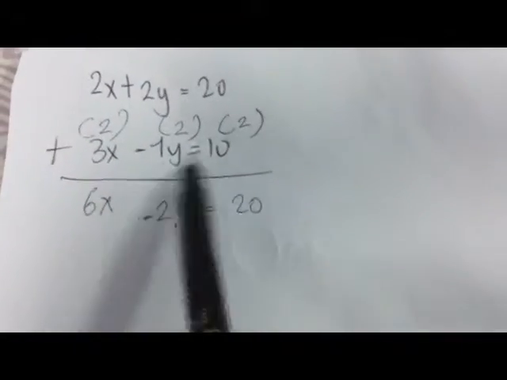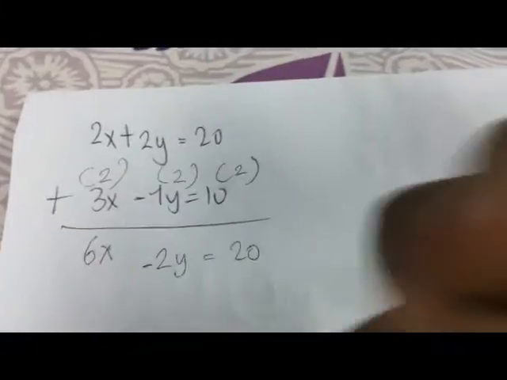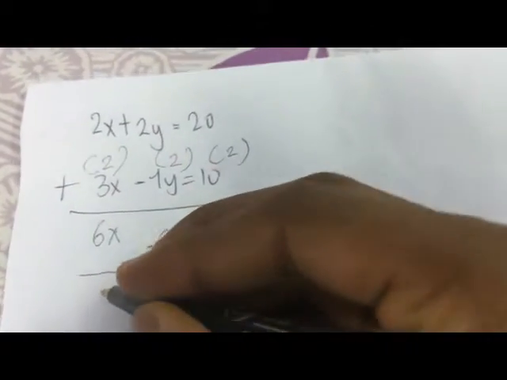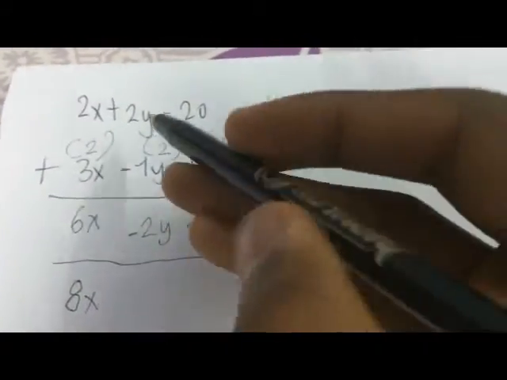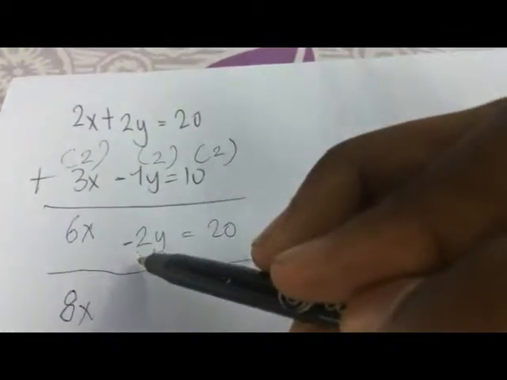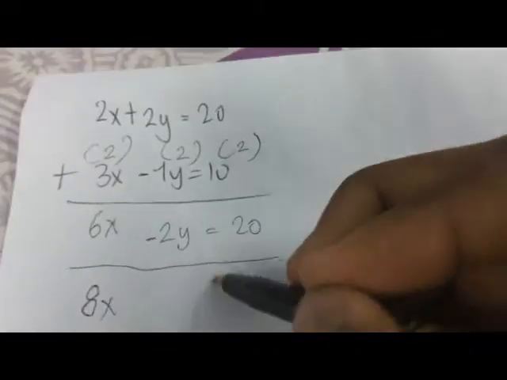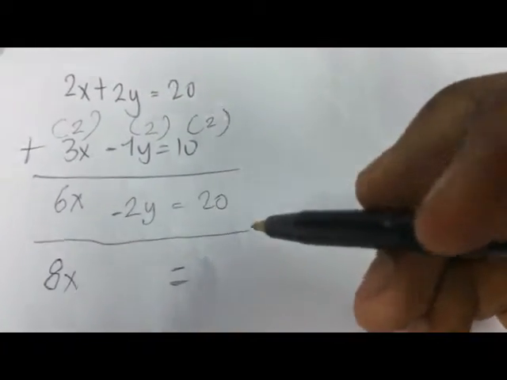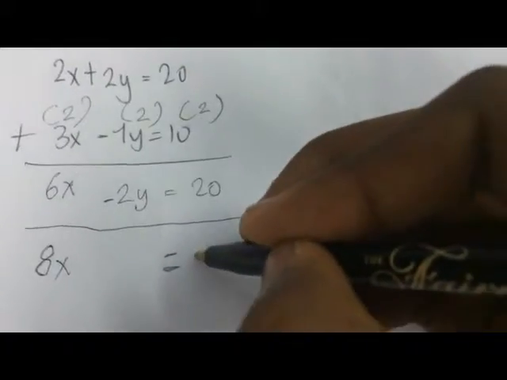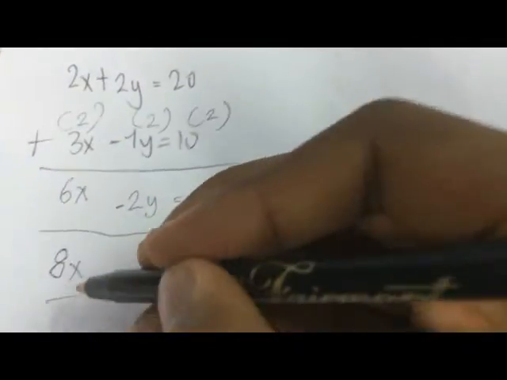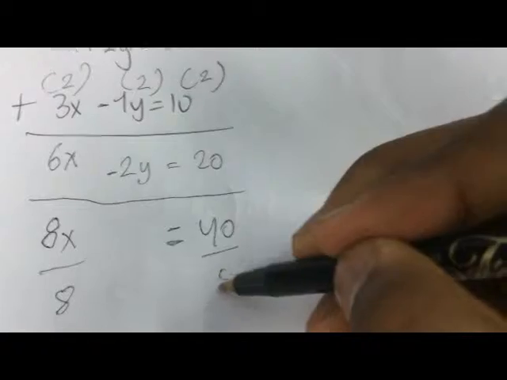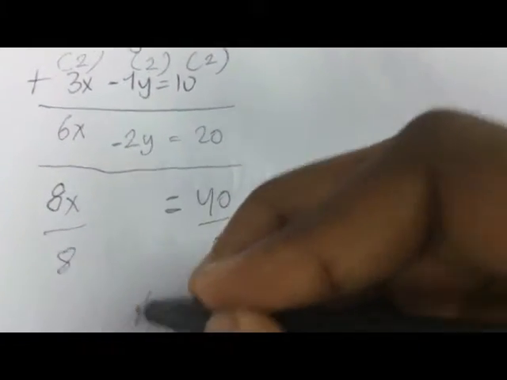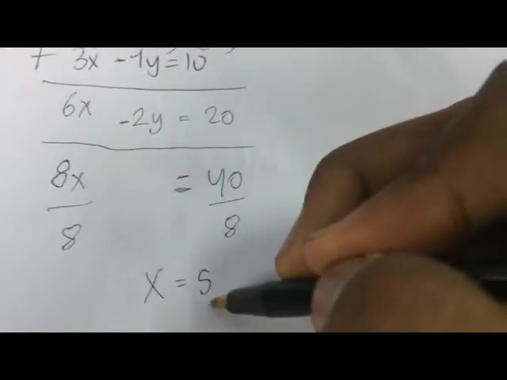So 2x plus 6x equals 8x, and positive 2y minus negative 2y equals 0. So we have to write that. And so 20 plus positive 20 equals 40. So divided by 8, divided by 8. So 40 divided by 8 equals 5. So x equals 5.